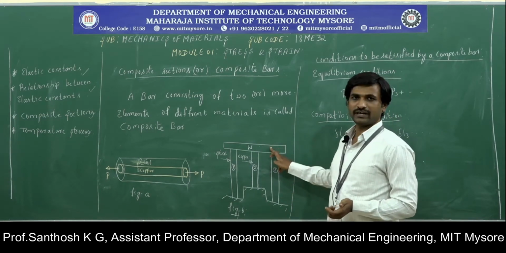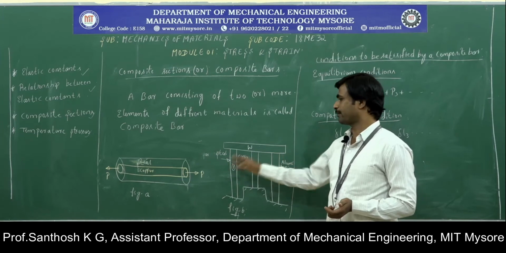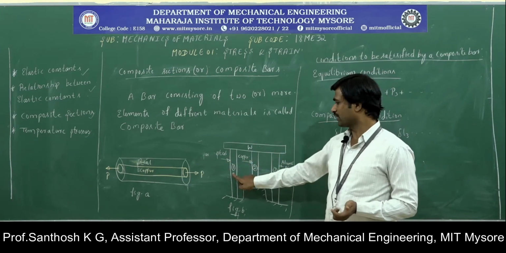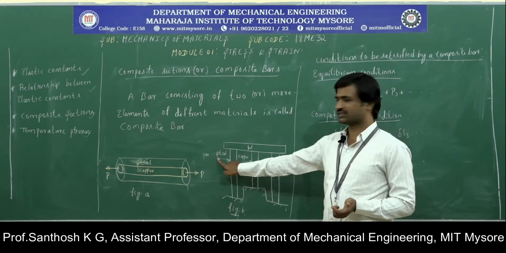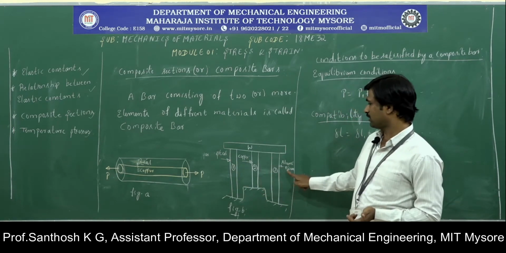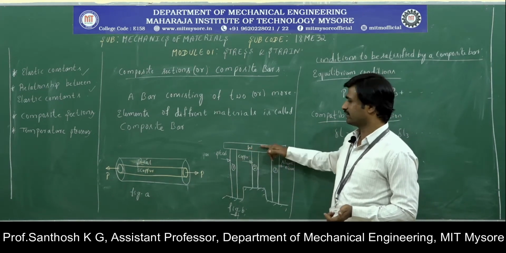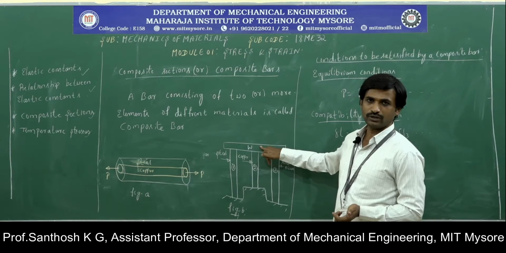Here, in order to carry the load W, we make use of three rods made up of different materials. The first rod is made up of steel, the second of copper, and the last of aluminum, and these three rods together support the load W.